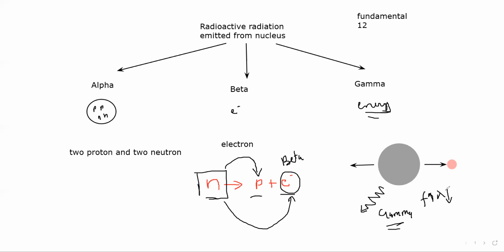Or a nucleus might be vibrating. If a nucleus is vibrating or moving, in that case also it emits gamma. So gamma is the energy which is released from the nucleus. So these are the three types of radiation: alpha, beta, and gamma. Alpha and beta are particles, whereas gamma is the energy released from the nucleus.